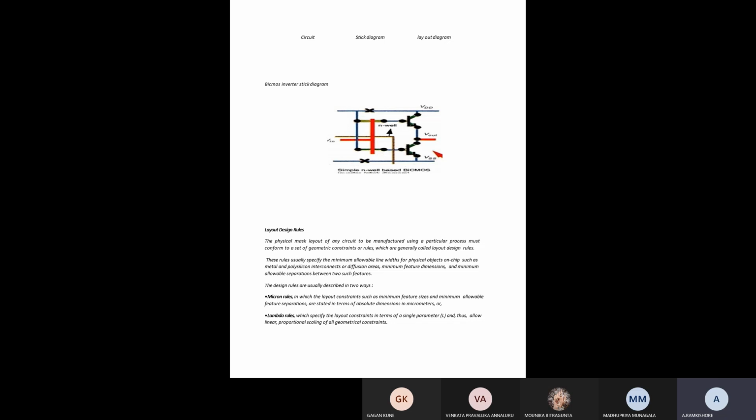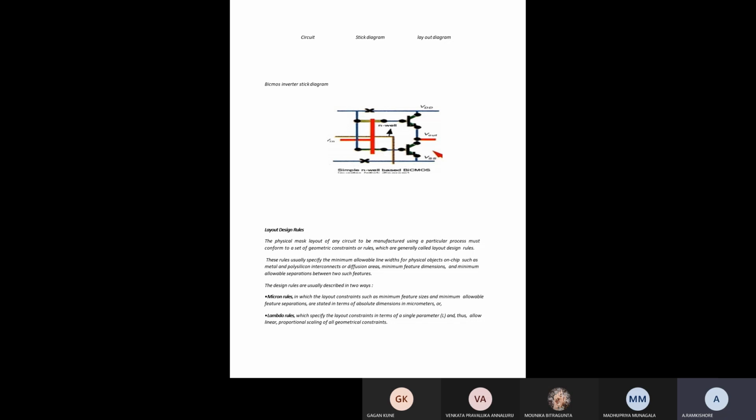So these design rules are usually described in two ways: one is the micron rules and the other is the lambda rules. In micron rules, the layout constraints such as minimum feature size and minimum allowable feature separations are stated in terms of absolute dimensions in micrometers.